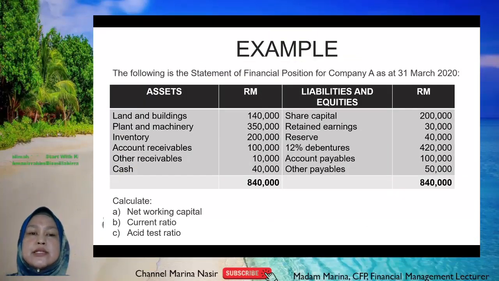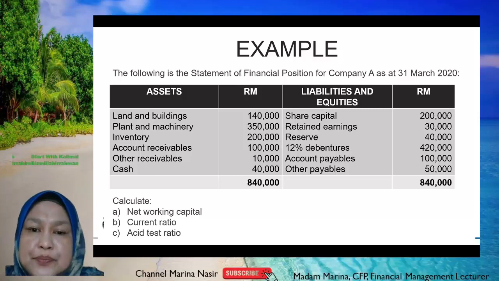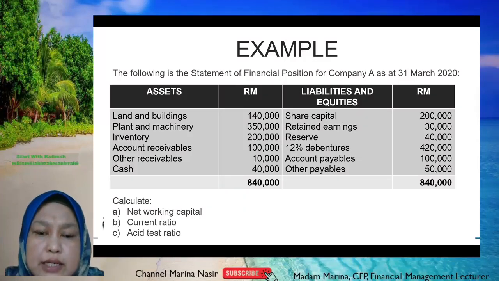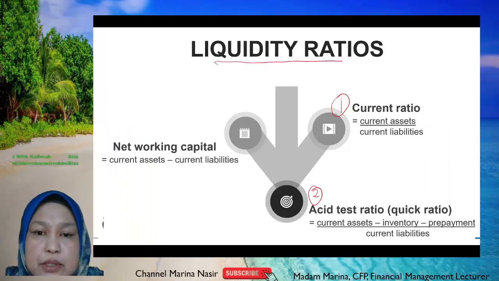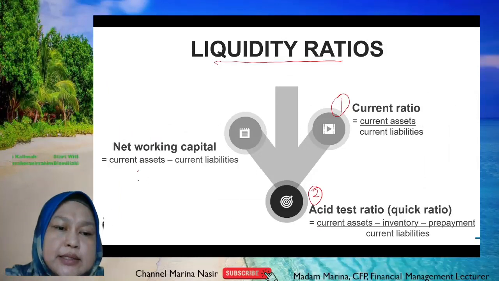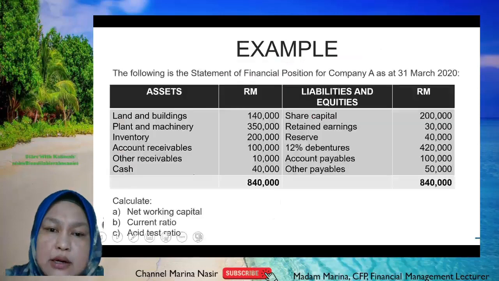You are given the statement of financial position. Now how to calculate the current ratio? Current assets divided by current liabilities. Where are our current assets? Inventory, accounts receivable, other receivables, and cash. Total of these.